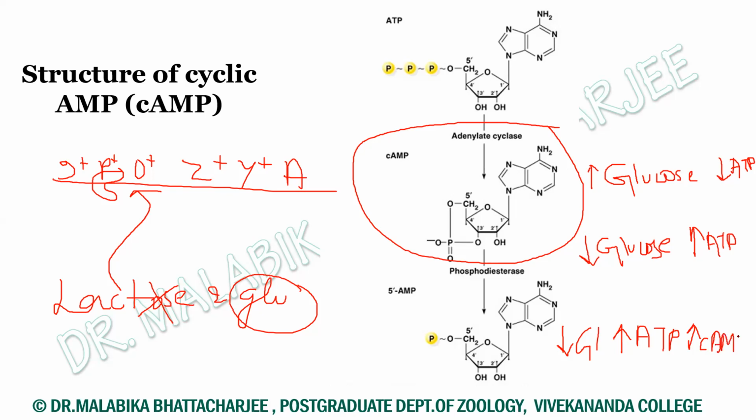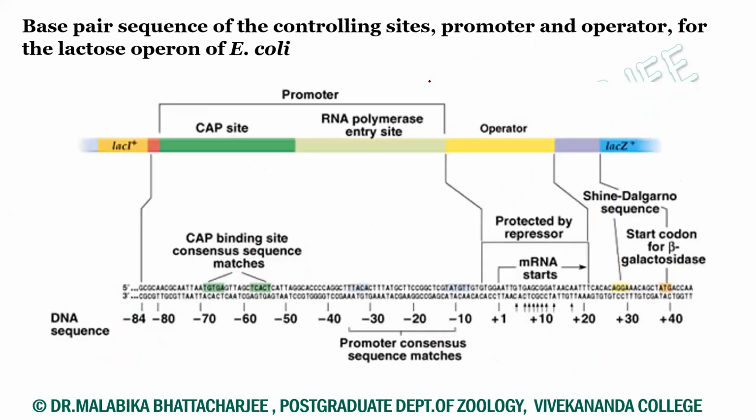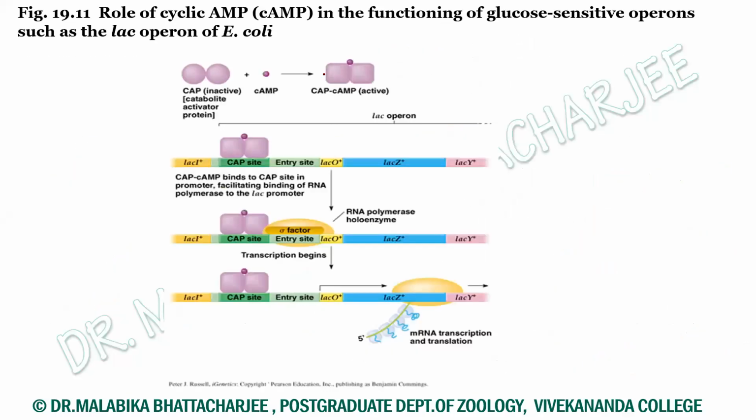So this molecule is now important. This molecule is only present in the cell when the glucose amount has lowered. If there is high glucose, low cyclic adenosine monophosphate. If there is low glucose, then there is high cyclic adenosine monophosphate. So now let us look into this story.